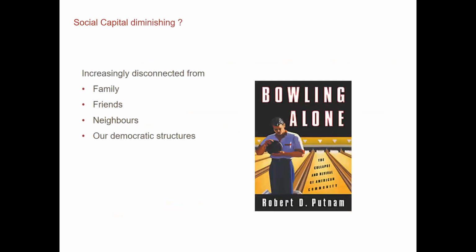Putnam's work in the US, over a 25-year period, he did over 500,000 detailed interviews with people and communities throughout the United States. And this was published. This book, Bowling Alone, was published in 1995.